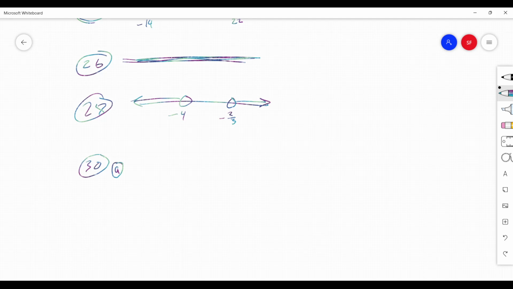A, the answer is between 0 and 45.50 inclusive.